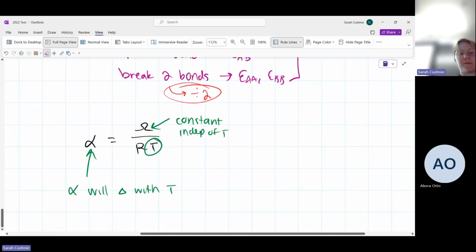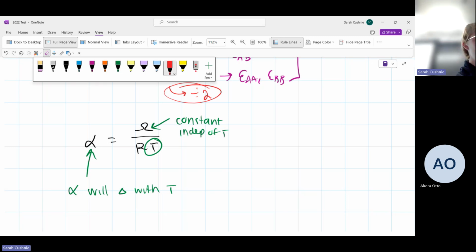Yeah. This is another way of defining omega using the value alpha. So this kind of goes down to another way that we can define omega.